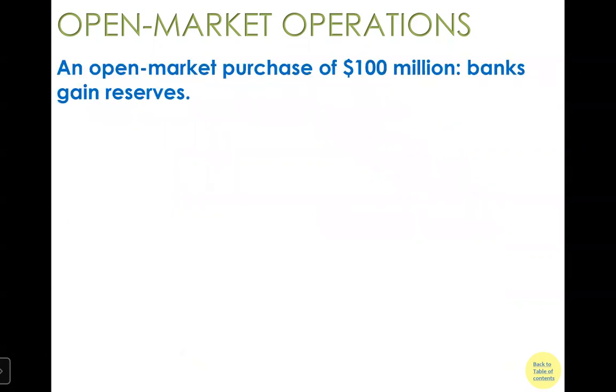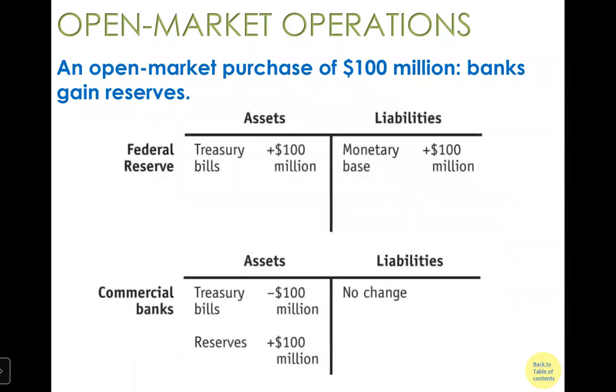In the next slides, I'm going to explain how this works. Say the Federal Reserve conducts an open market purchase of 100 million of bonds. Whoever sells the bond to the Fed is going to gain reserve, because if someone purchases, there must be a seller.